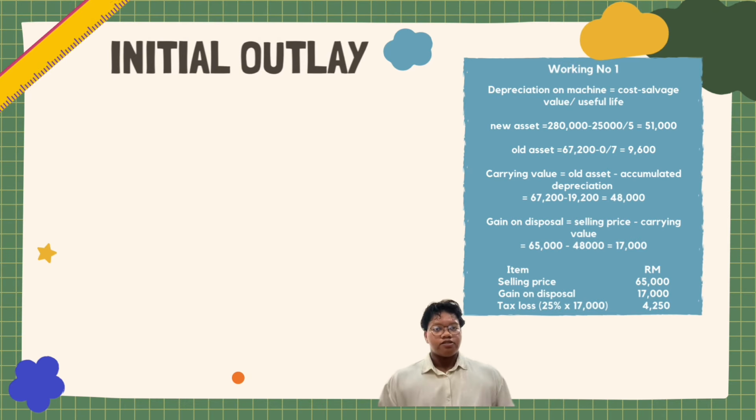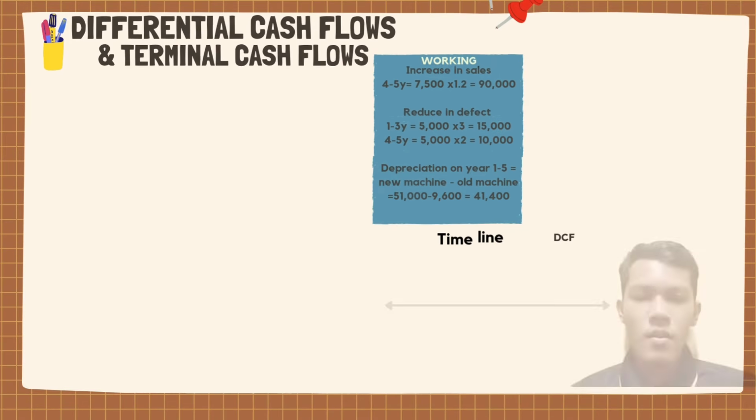For the tax treatment, 25% times 70,000, which is the tax on disposal since we receive a gain on disposal. In this case, we need to add the 4,250 into the initial outlay. And then after we total up all those costs, we receive the initial outlay, which is amounting to 200.